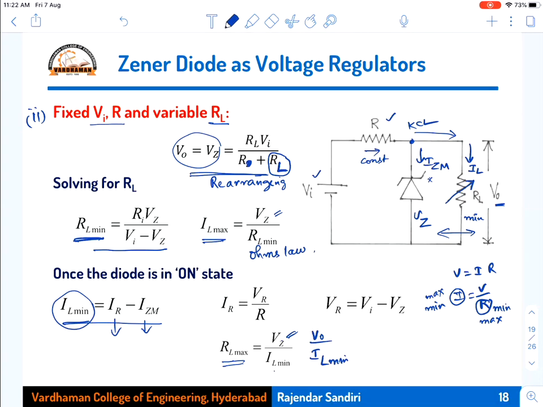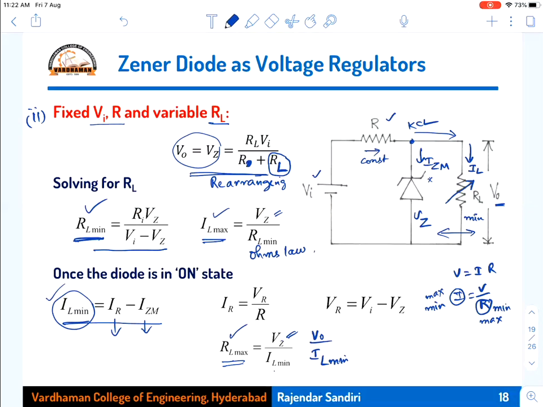When the diode is on, the output voltage across the load resistance is always equal to the Zener voltage, which is a constant voltage. That way we will calculate RL minimum and RL maximum for the IL minimum and IL maximum values.